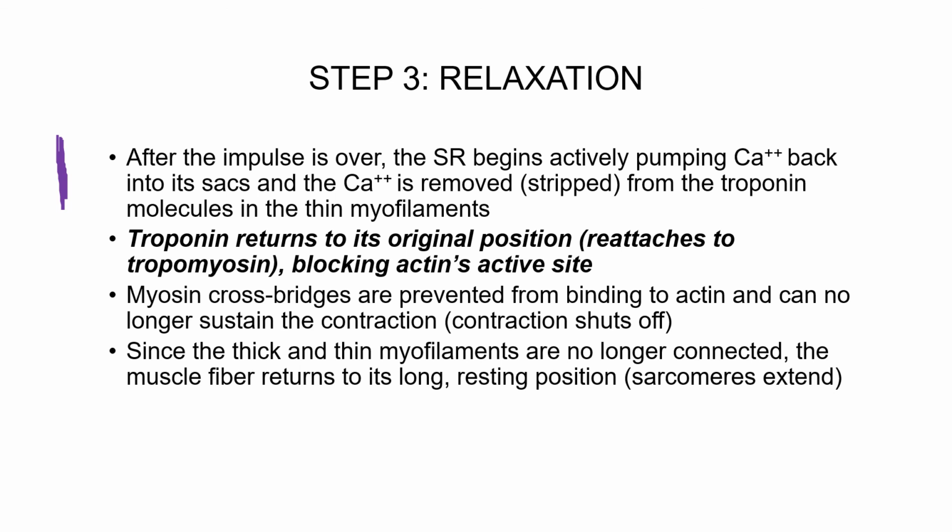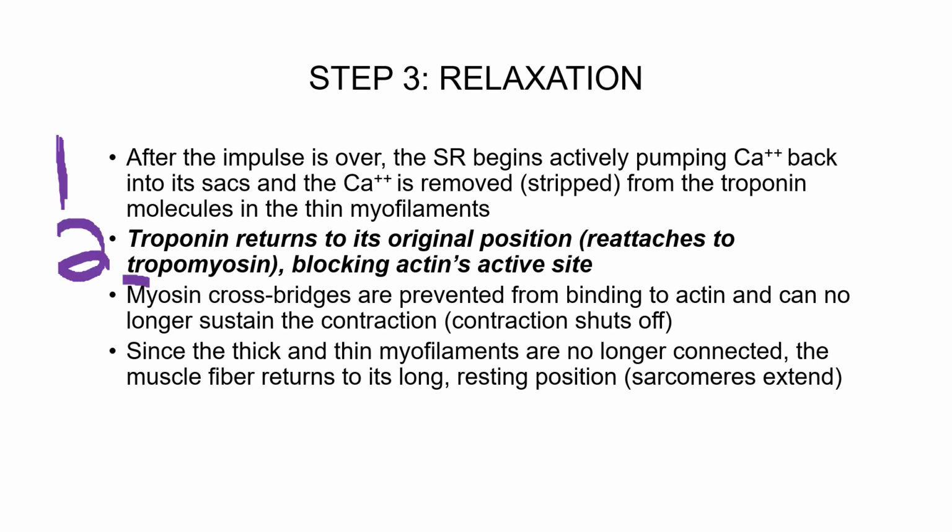But what we're doing is we're stripping the calcium from the troponin. So we're unlocking, or removing the key from the keyhole, and then we're throwing the key back in the lockbox, if you will. So taking the calcium, putting it back in the sarcoplasmic reticulum where the muscle was originally resting. Once you remove the key from the keyhole, that rope goes back into place.